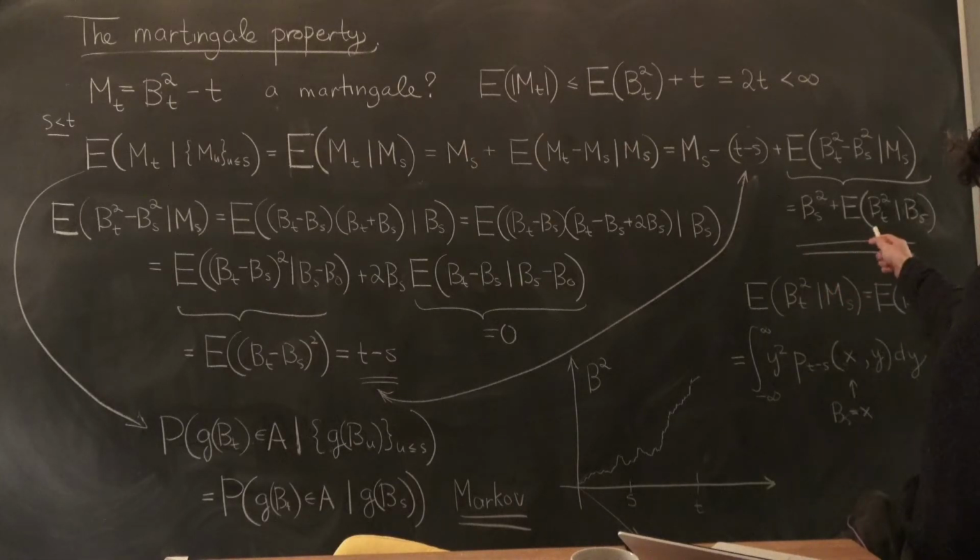So, now this part is left to compute, and here, again, I'm continuing and writing it as this integral against the transition density. This is our normal distribution.